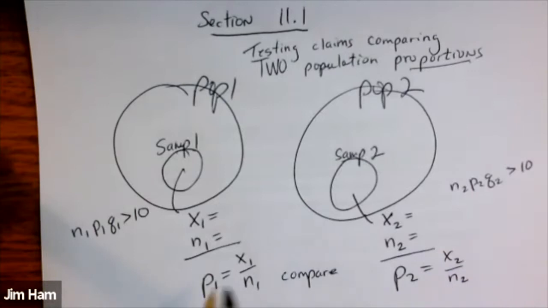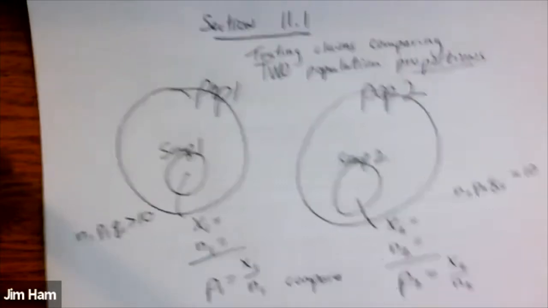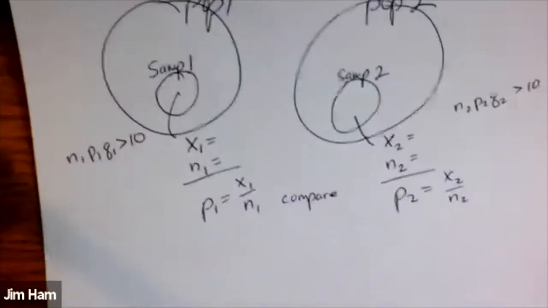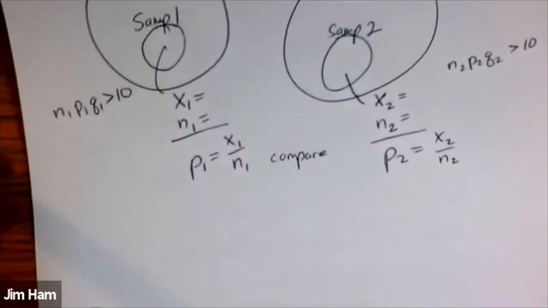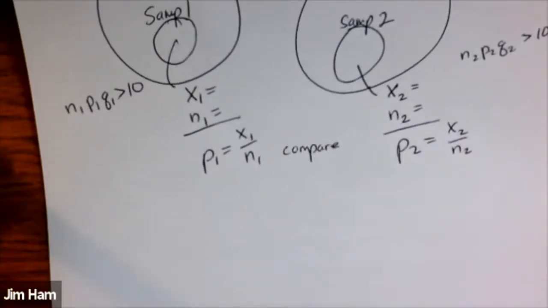We're going to compare these two to see if there's a statistically significant difference. We can compare them to see if there's a difference, and then we'll run the hypothesis test to see if there's a statistically significant difference, not just a difference that we can observe. So here's the test, and let me go through the 5 steps, and then we'll look at some problems.